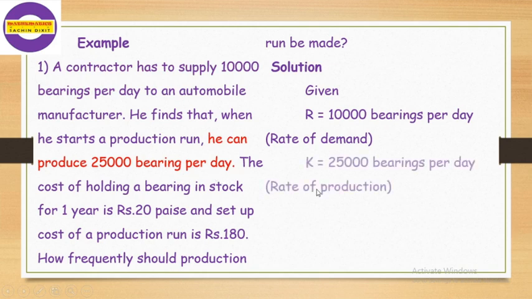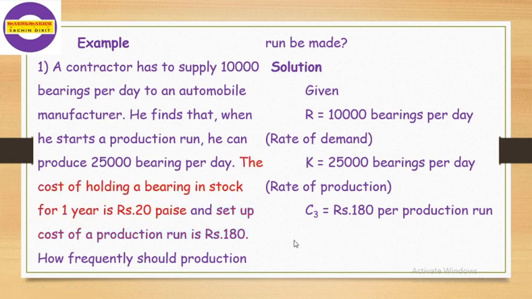That is the rate of production, denoted by K, and it is 25,000 bearings per day. Also, the setup cost of the production run is rupees 180. That means we get the value of C3 as rupees 180 per production run.